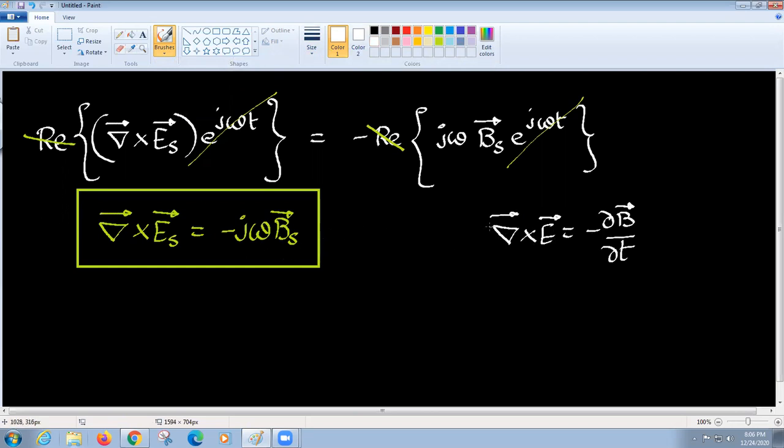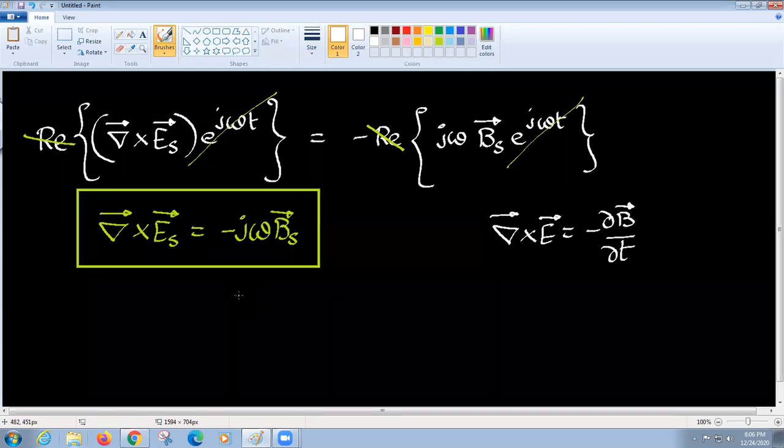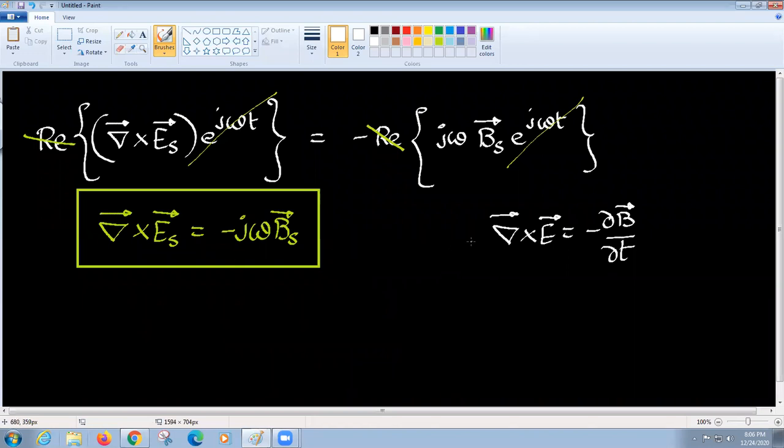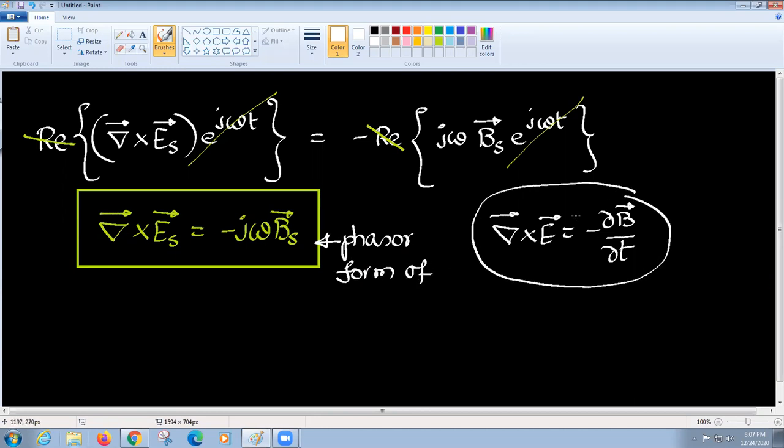If you want to digest everything, this is the proof we just did. So this is the phasor form of this equation. This is again a very important thing to understand.